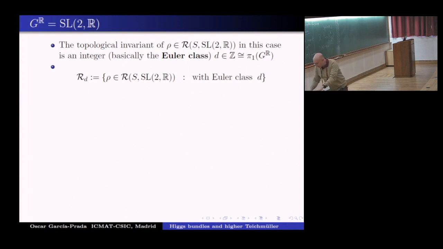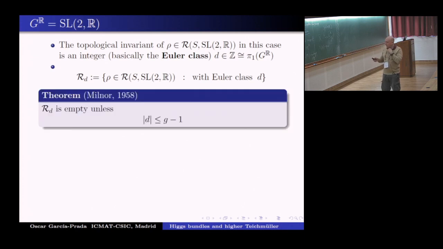And so if you fix this invariant, this integer, you have the space R_d in the character variety, representations with Euler class d. There is a very old result of Milnor in 58, which proves that this space is empty unless the degree is bounded by the genus of the surface minus 1.